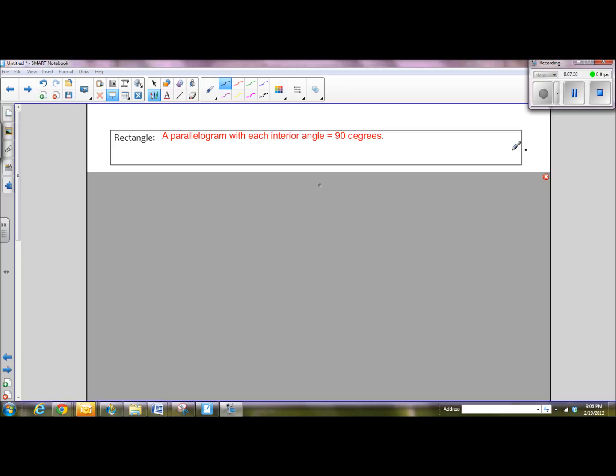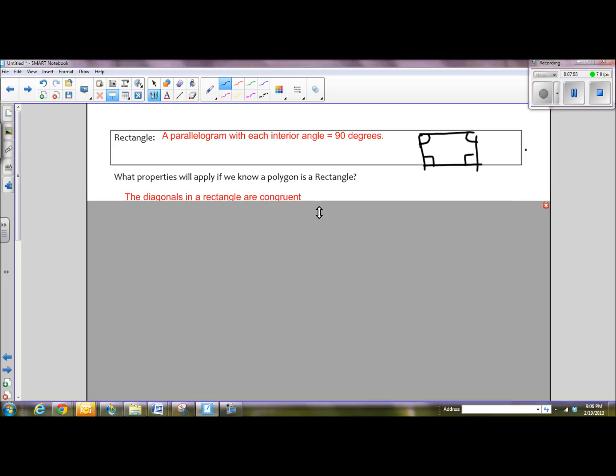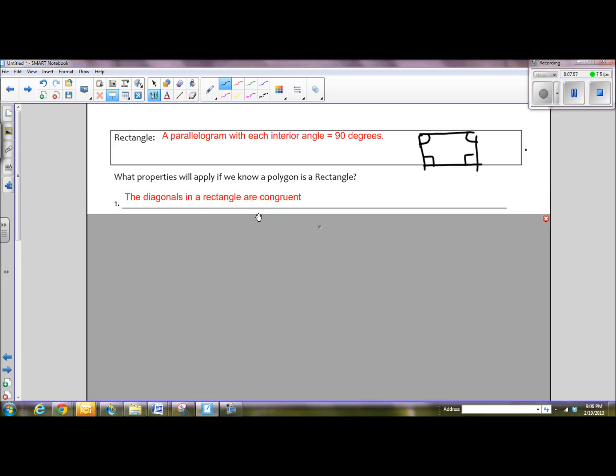Okay, if we have a parallelogram with each interior angle equal to 90 degrees, we then have a rectangle. So if we know that this is a parallelogram and each of these angles is 90 degrees, then we know that it's a rectangle. On top of having 90 degrees in each angle, a rectangle will have diagonals that are congruent.